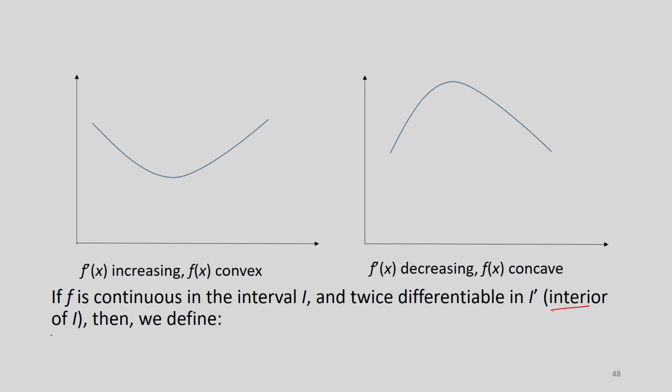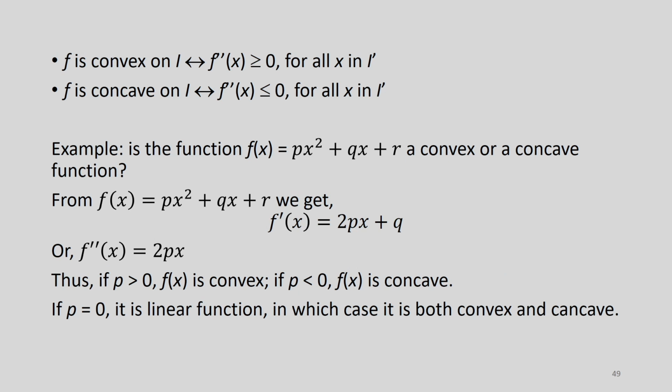I dash is the interior of I. Then we define f is convex on I if and only if f double dash of x is greater than or equal to 0 for all x in I dash, and f is concave on I if and only if f double dash of x is less than or equal to 0 for all x in I dash.